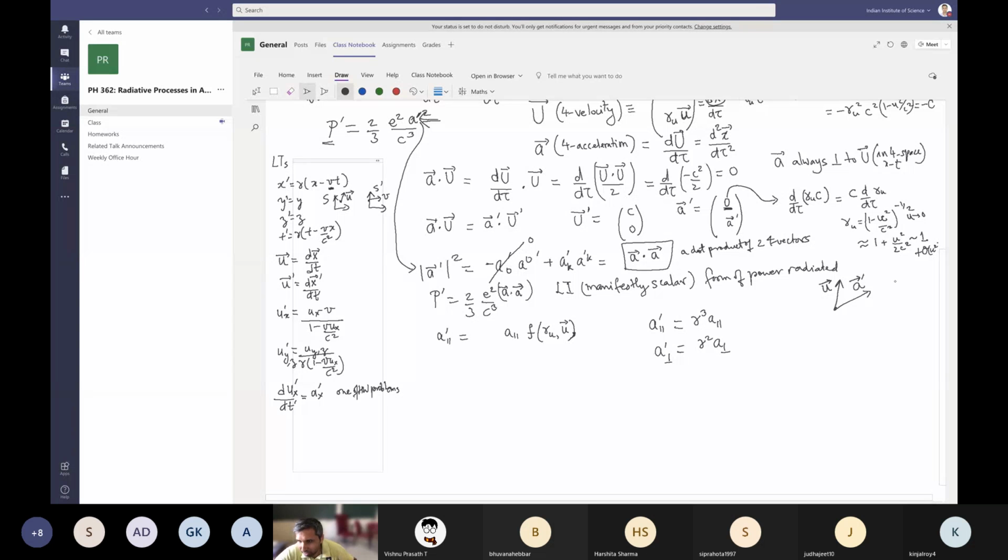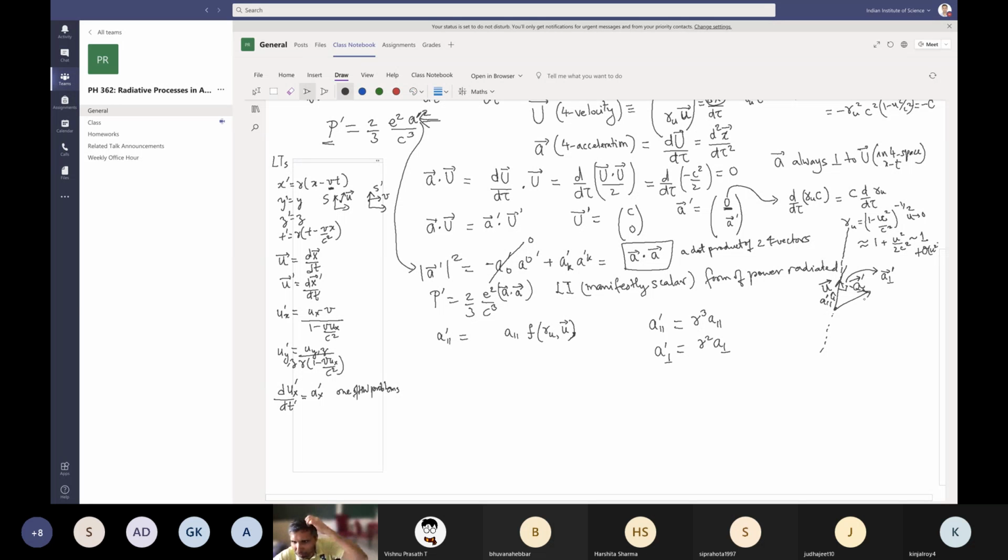So this is your velocity direction. What we can do is write your A prime as A parallel prime along u hat, plus A perp prime.